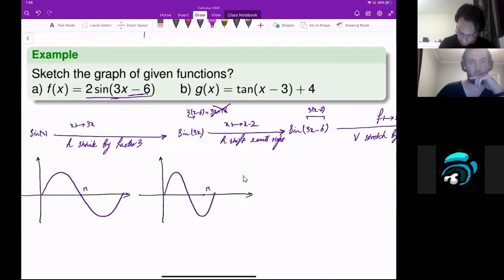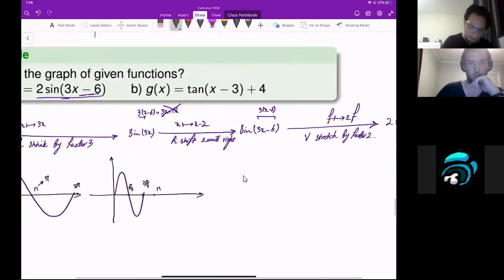So it will go down, somewhere there. Basically, the point which before was pi will now go to pi/3. The point 2 pi will go to 2 pi/3.